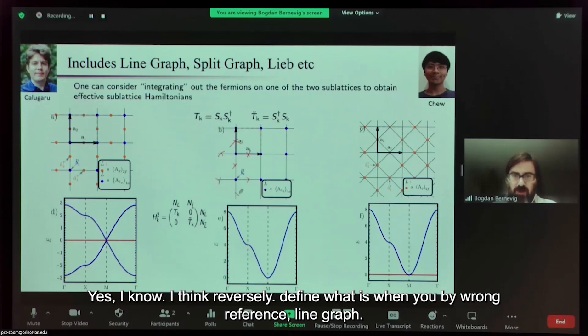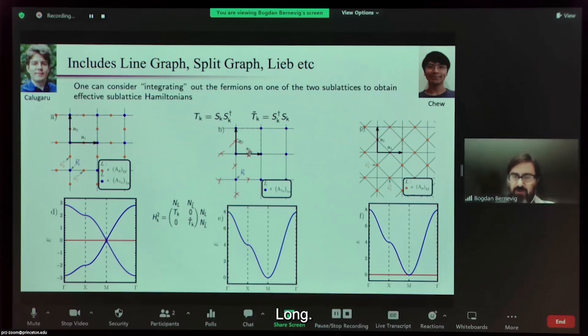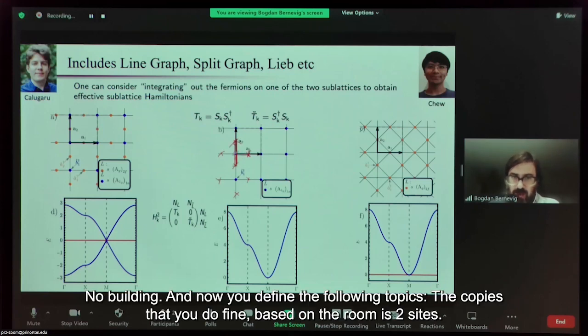The hoppings that you define are based on the rule that if two of the new sites, the line between them, meets or crosses a blue site, then you have the hopping. Sorry, I said something stupid. Between all the sites that are linked to one blue site, there's a hopping.